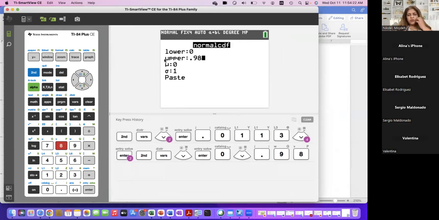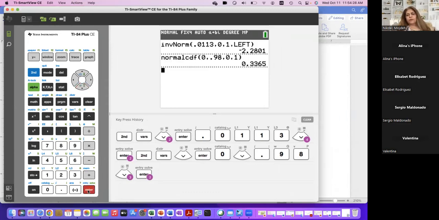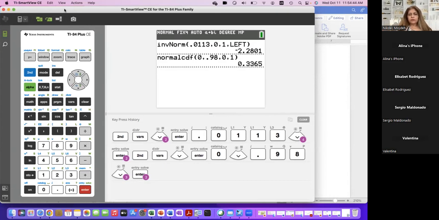Mu 0, sigma 1, leave it alone. That's the area, 0.3365. You have to enter the left side of the green region, then the right side of the green region. Question? That's the area.